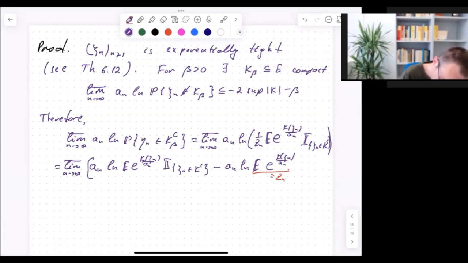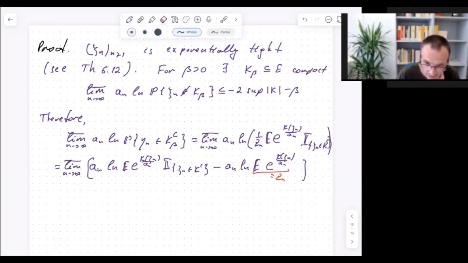Then we continue, just estimating. We can estimate that expectation by supremum, and this we can estimate by infimum.